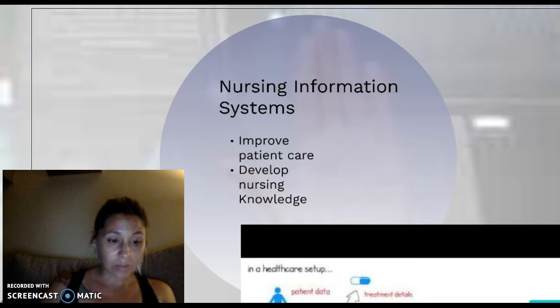These systems can help to minimize errors, reduce costs, and improve the delivery of care. So nursing information systems are among the key components of healthcare information systems, and they can help nurses to use data more effectively while managing their nursing activities, allowing them to improve patient care and develop their knowledge.